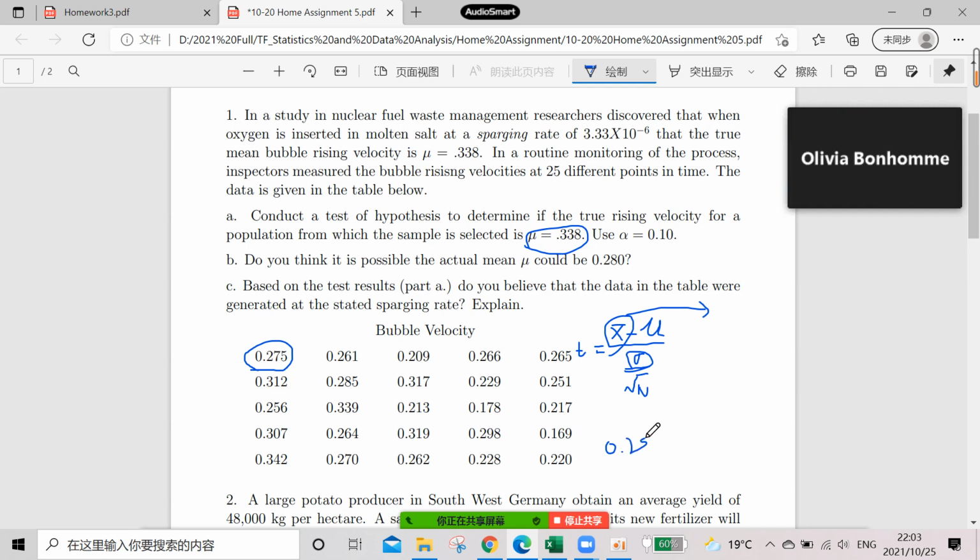So the first one you would do 0.275 minus 0.262 squared. You add up all 25 observations, and then divide by 24. This is the variance, and you take the square root of that to get the standard deviation. I believe that is the formula. You should check your notes; I think it's covered in the first several classes.